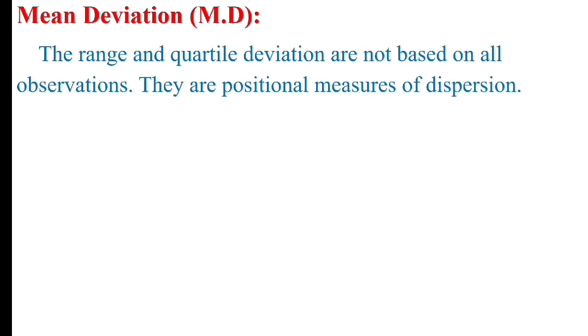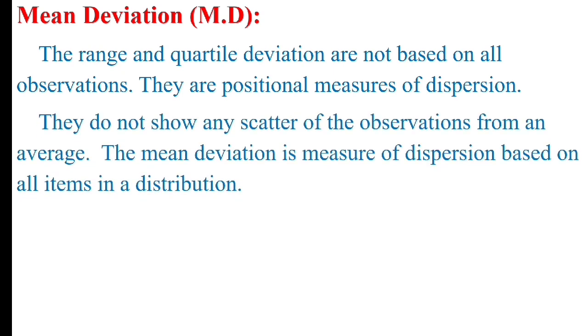First, what is the definition of mean deviation? The range and quartile deviations are not based on all observations because they are positional measures of dispersion. Here we are going to study mean deviation. It shows the scatter of observations from an average.